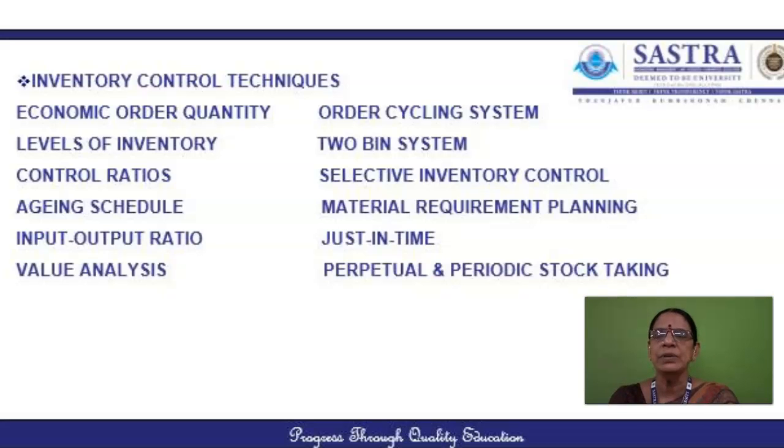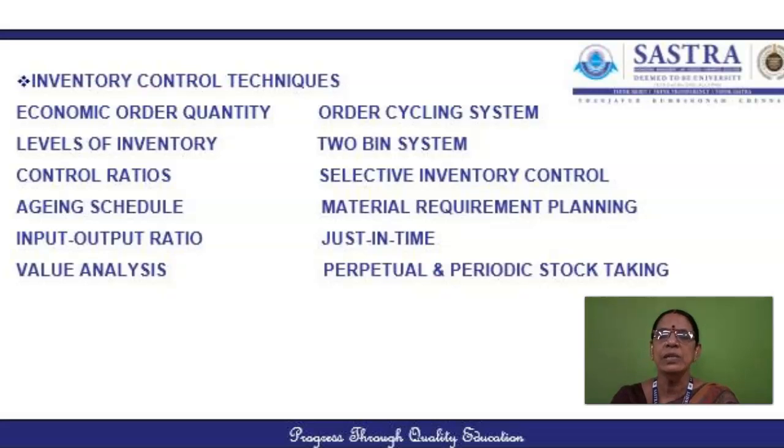So any inventory model should find out a minimum total cost, which will be the sum of ordering cost and the carrying cost. So the total cost is minimum and the ordering cost and carrying cost will be equal to each other, then that point is said to be the economic ordering quantity.